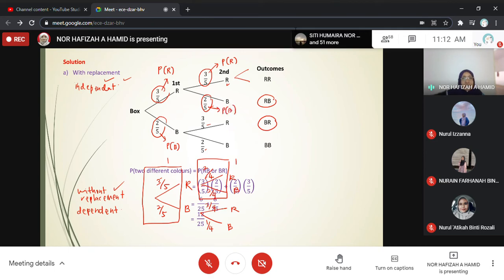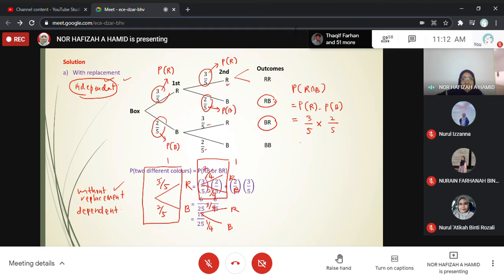Okay, sebab tu bila you nak calculate, contoh you nak calculate probability for R intersect B. Macam ni lah probability for RB. So formula dia becomes, you boleh refer balik formula for independent yang tadi kita dah cover. Dia equal to probability for R times with probability for B. So probability for R, you have 3/5 times with probability for B is 2/5.